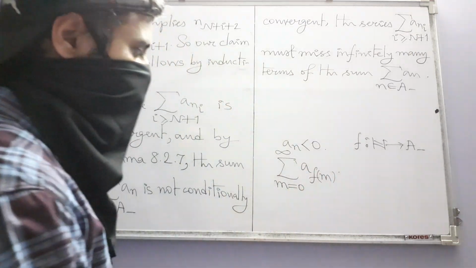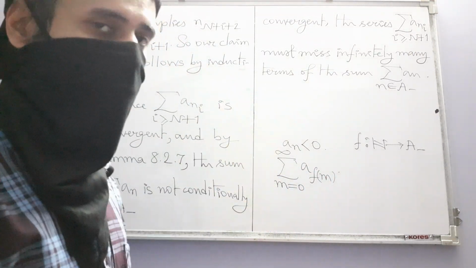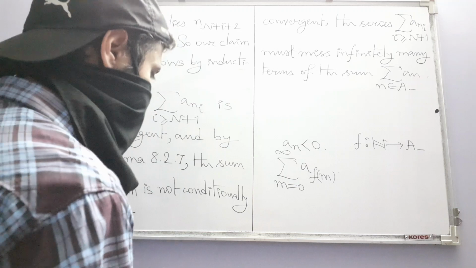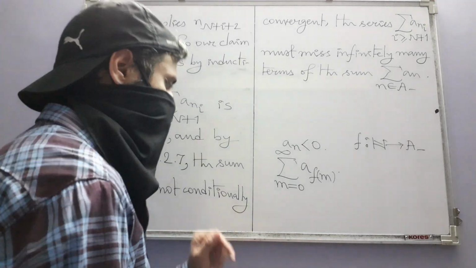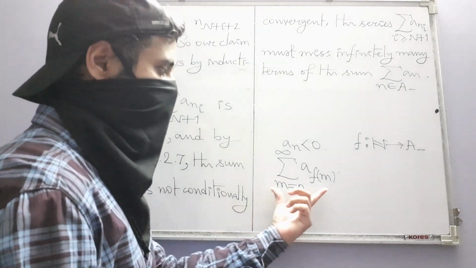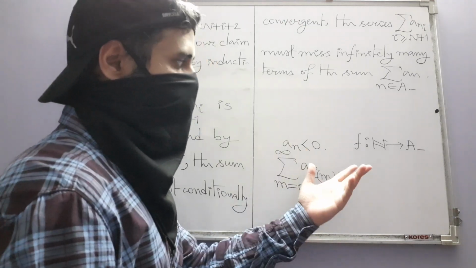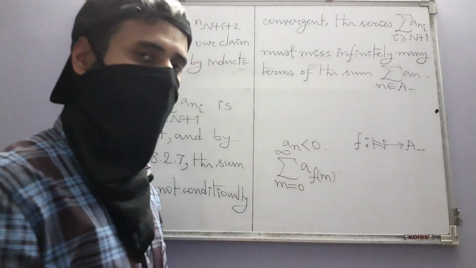Then you can speak about its convergence because it's an ordinary infinite series. Not conditionally convergent means, in this case, having no such bijection for which this will be convergent.